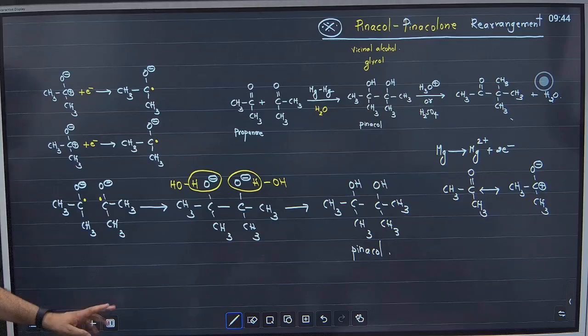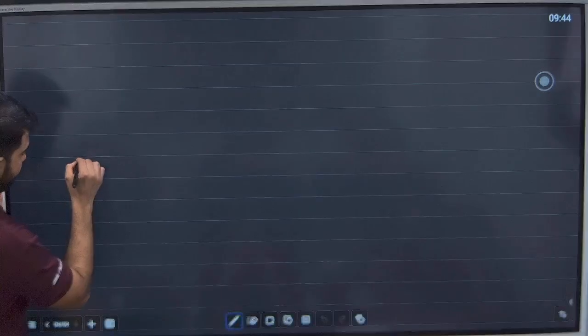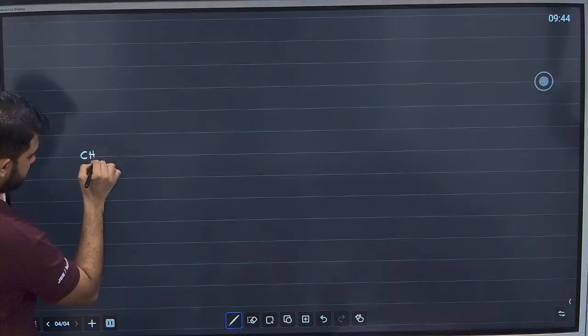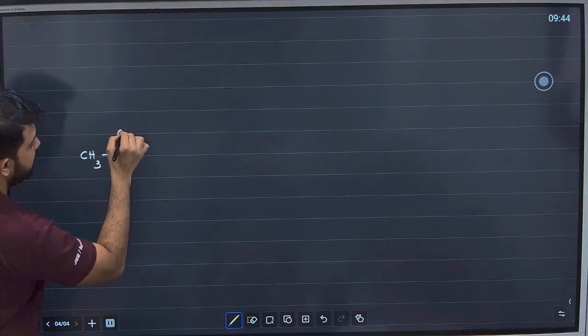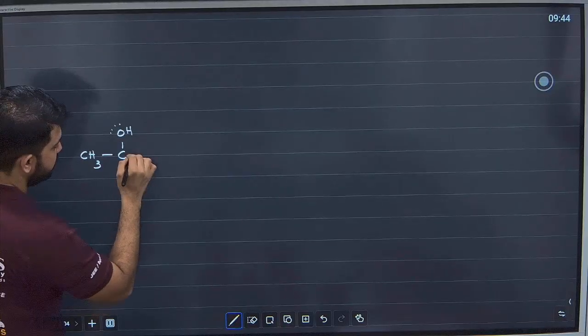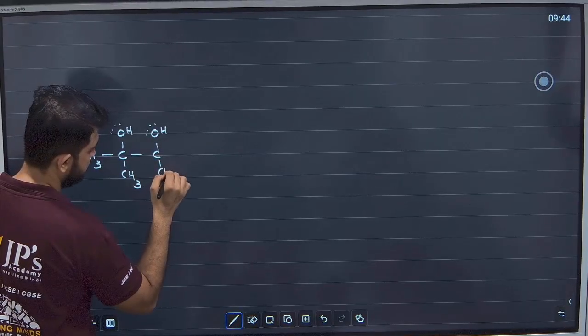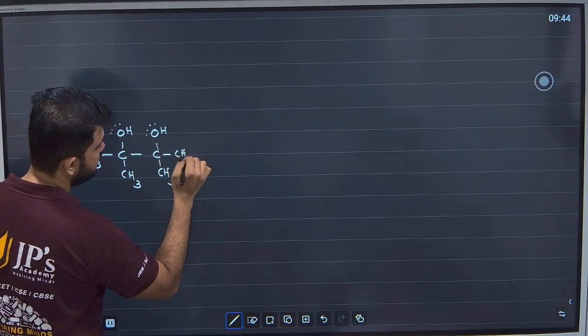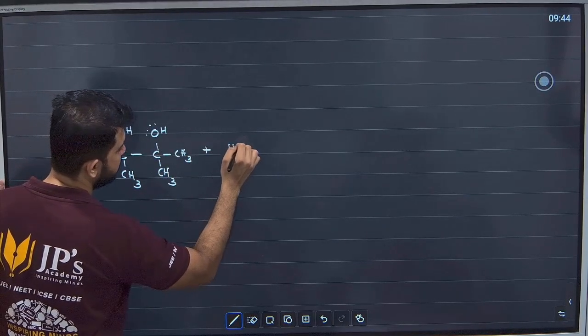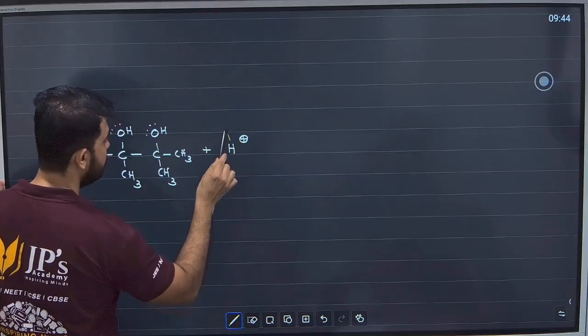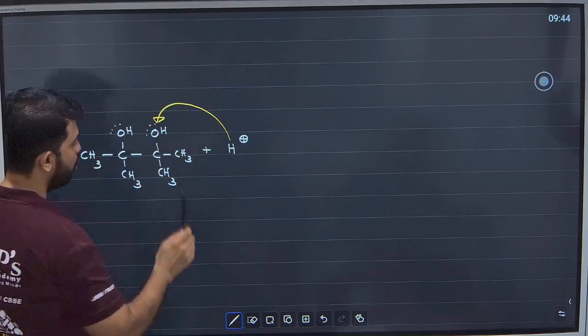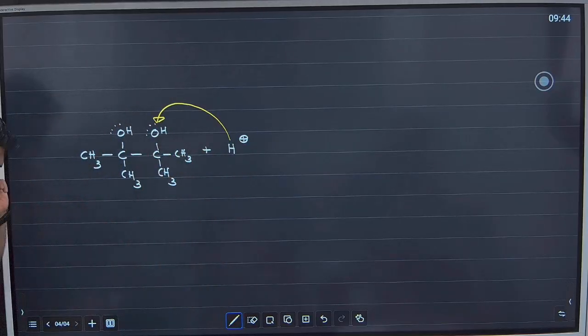Okay. Now next step, I'll write it on the next page. This is your pinacol, and you have H plus from the H2SO4 or from the acid. Where is that H plus going to go? It goes to the oxygen atom over here.